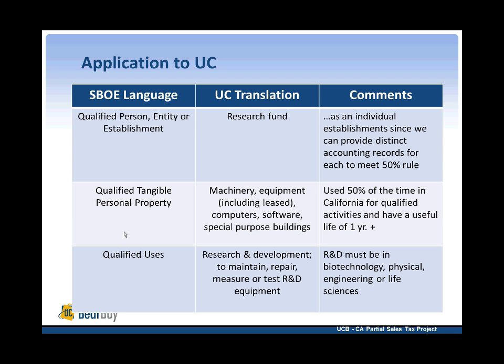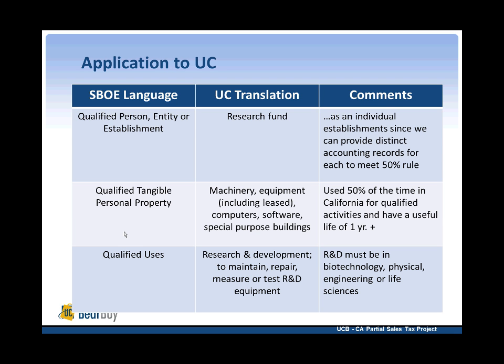Since UC Berkeley is composed of research funds for more than 50% of our funding, we qualify as an entity for this partial sales tax exemption. So you'll notice that on the form, which we're going to go over in a bit, it does ask for the qualified person's name. In this case, the qualified person is UC Berkeley.